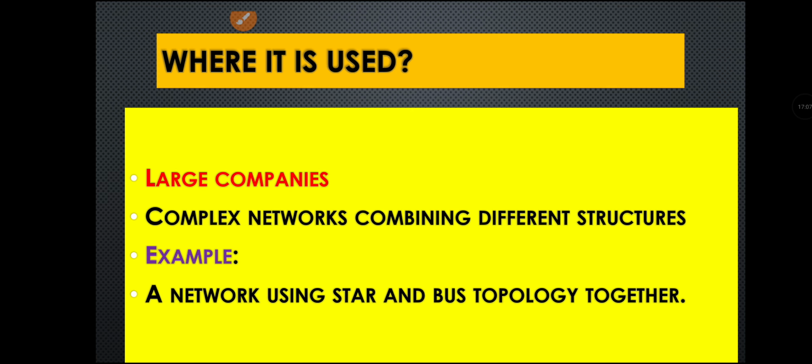So the question is where we use hybrid topology. We use hybrid topology in large companies, when complex networking combines different structures. For example, a network using a star and bus topology combination also comes under a type of hybrid topology. So we use hybrid topology in large companies.